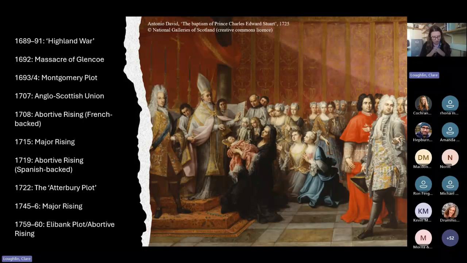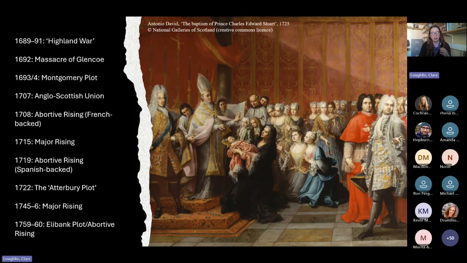The Rising of 1745 was the culmination of a series of military insurrections and plots over the previous half-century, all instigated with this aim of restoring the exiled Stuarts. The major risings of 1745 and 1715 were accompanied by abortive risings, alongside various plots and planned uprisings that never really got off the ground.